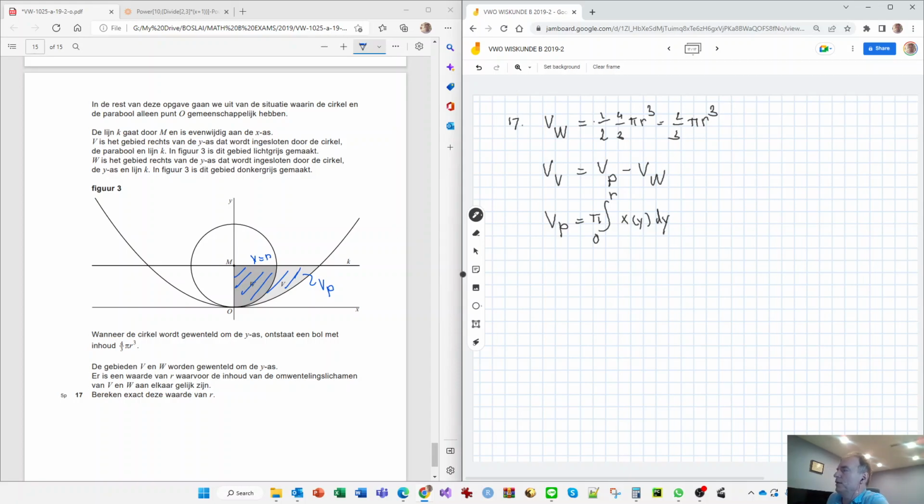Basically each element here is pi times that x, sorry, this has to be squared, x squared, dy. This is basically the volume of a very small disk, a little bit like a thin coin with thickness dy. And we have to integrate this to get the total volume.